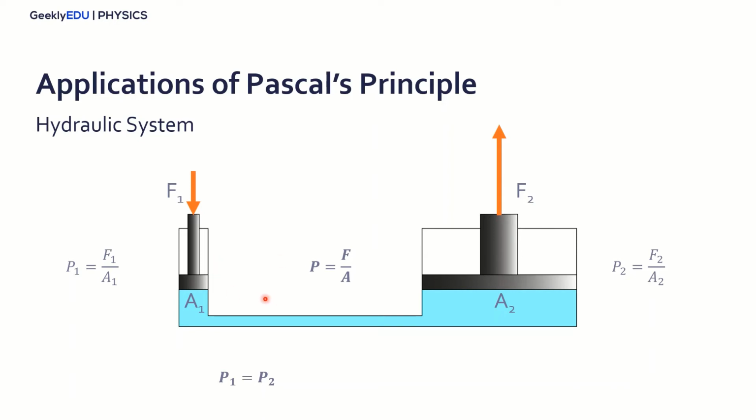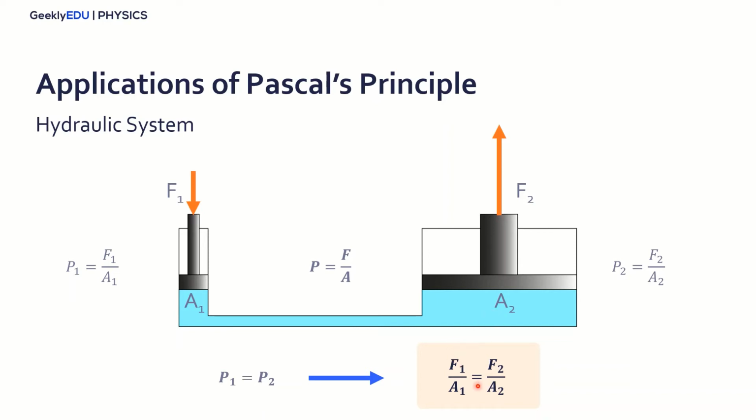So the relation we have is that the pressure on 1 is the same as the pressure at 2. So if we consider that this pressure is F over A, we have this relation here.